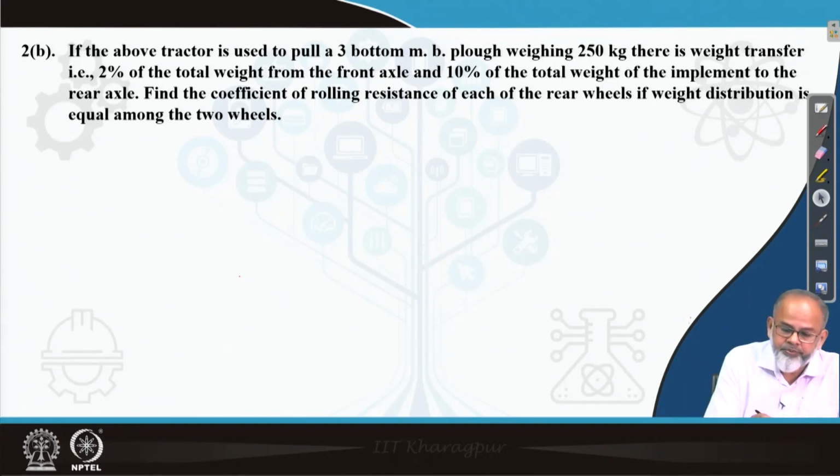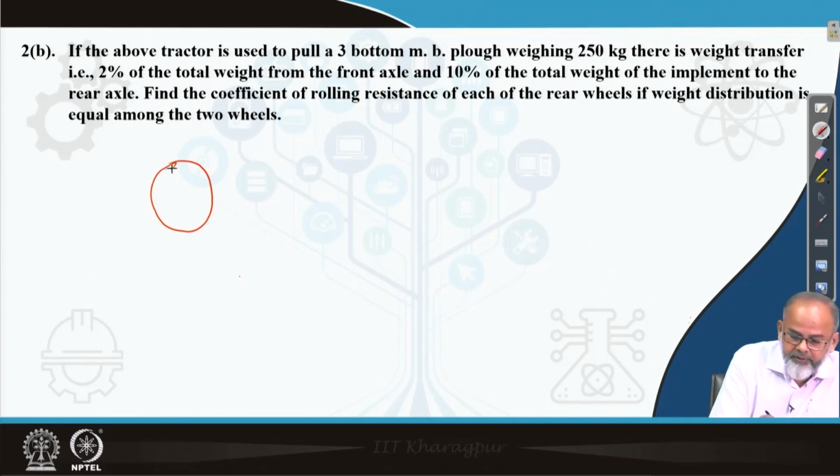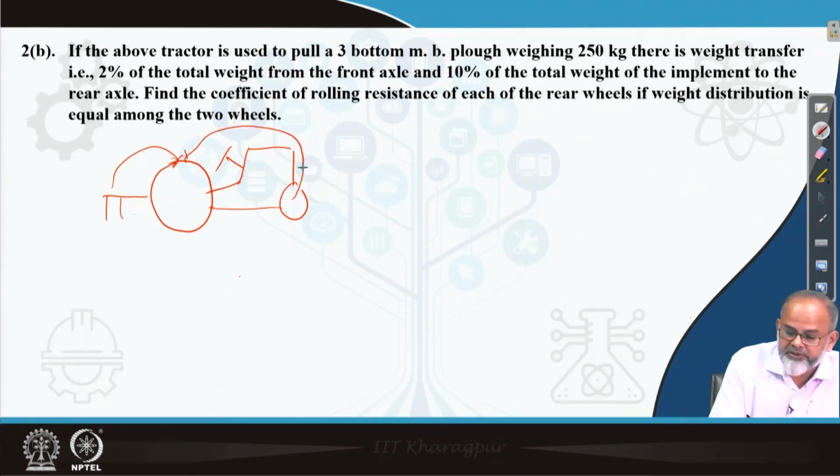Suppose this is a tractor, and the implement is attached here. When we engage the implement, there will be weight transfer to this. So, this weight transfer is 2% of the weight coming on the front axle.